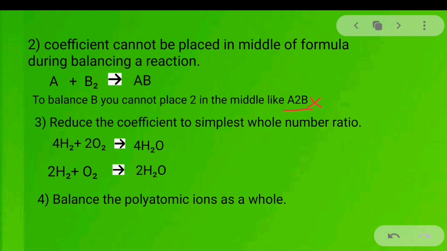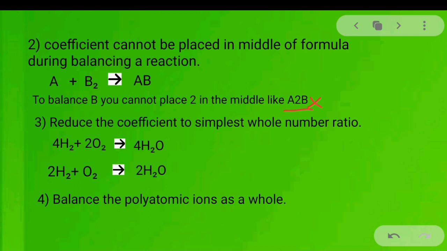You can see all the coefficients on the reactant side and the product side have a common divisibility factor, that is 2. If you divide by 2, you get 2H2 plus O2 gives 2 water. So, we should reduce the coefficients to the simplest whole number ratio.